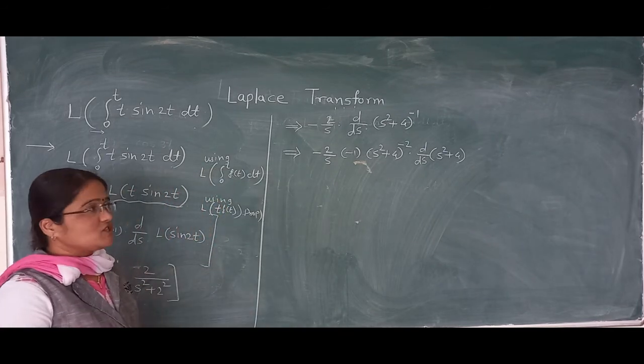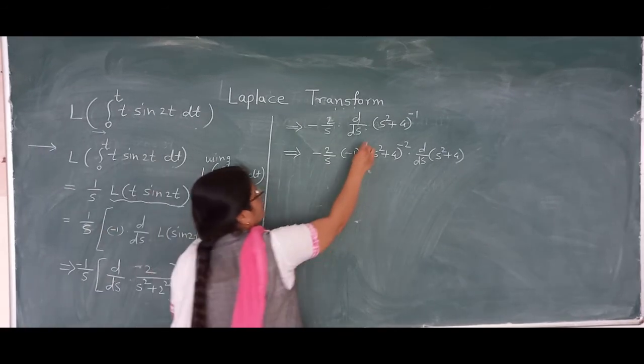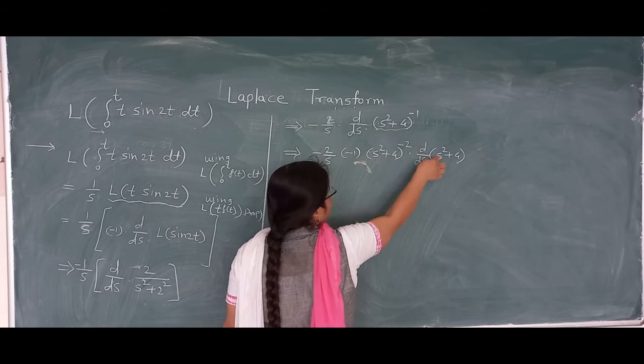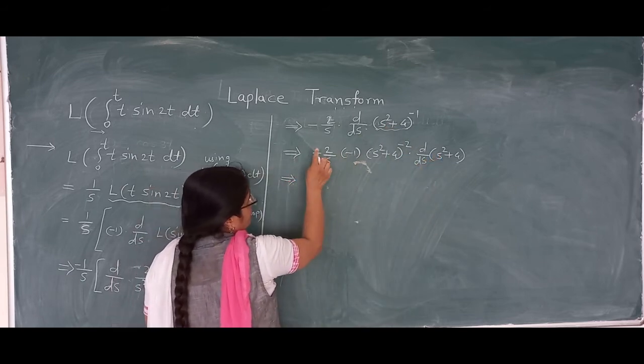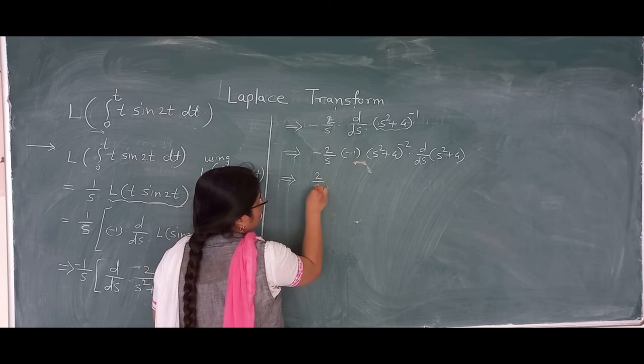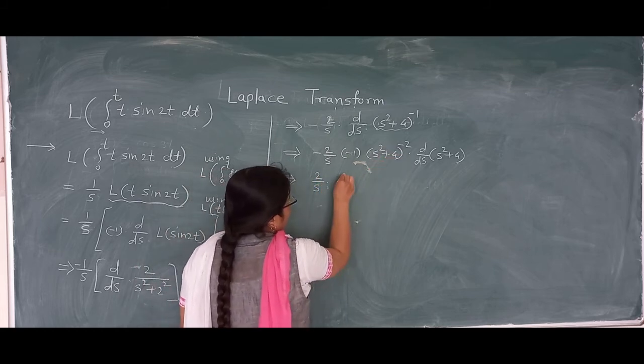Applying chain rule, because it is a composite function, we have to take its derivative as well. So minus 1 into minus is plus.